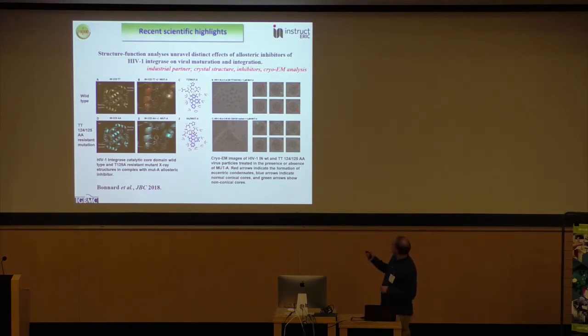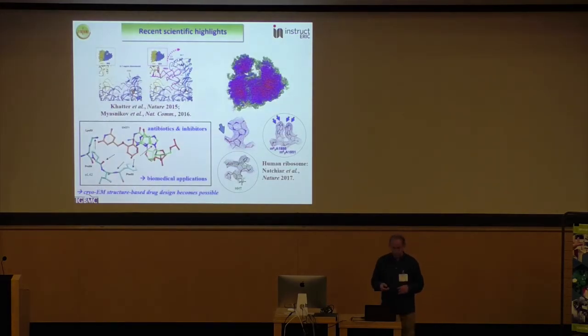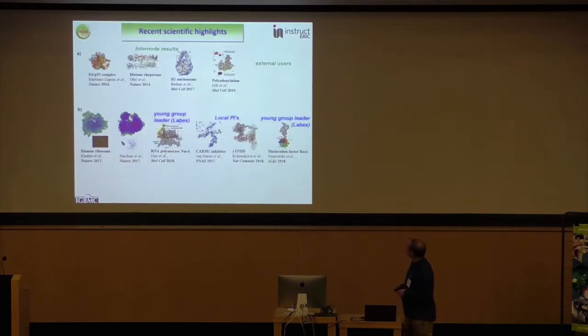So you have a whole combination here. Then there are some examples from my own team, what we have been working on: human ribosome complexes with high resolution so that we could also resolve chemical modifications and inhibitors like here by Cryo-EM and do drug design based on that. Then there's a set of examples here from external users.